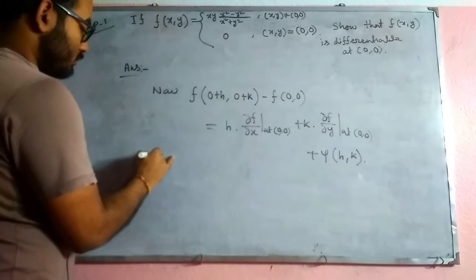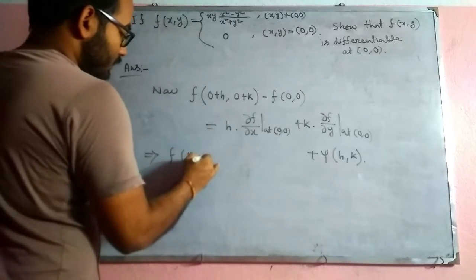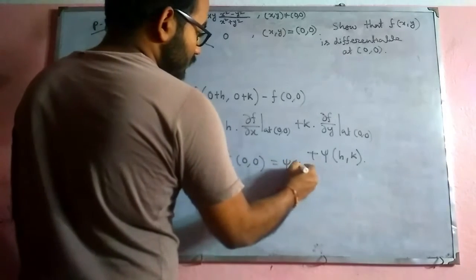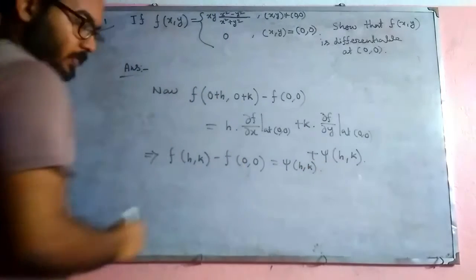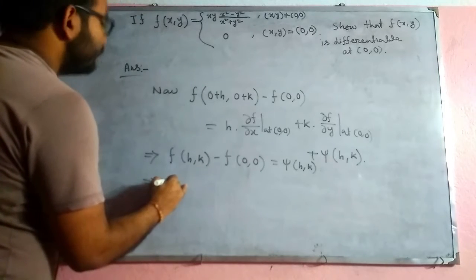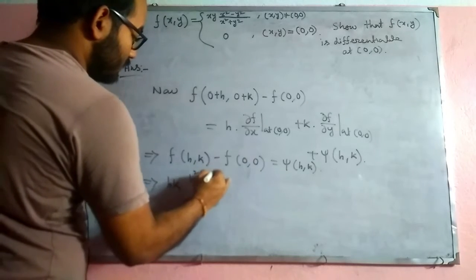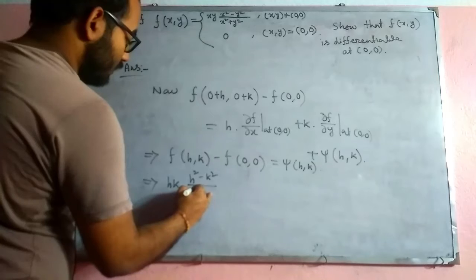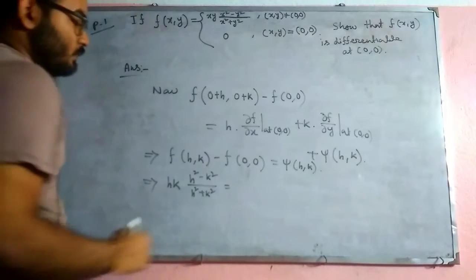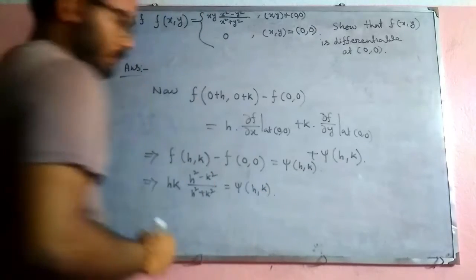So what is f(h,k)? It is equal to ξ(h,k). f(h,k) is hk(h²−k²)/(h²+k²), which is equal to ξ(h,k), okay.